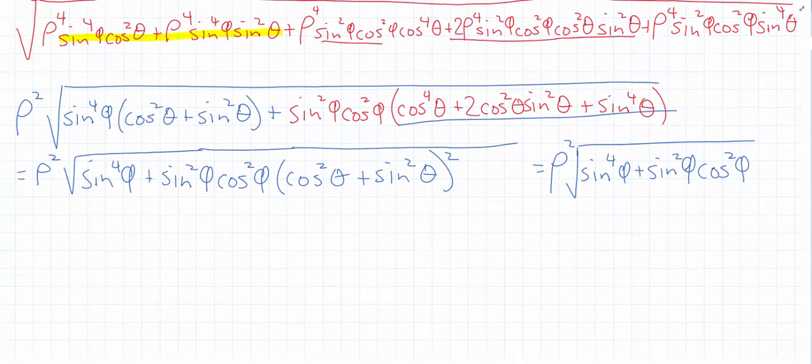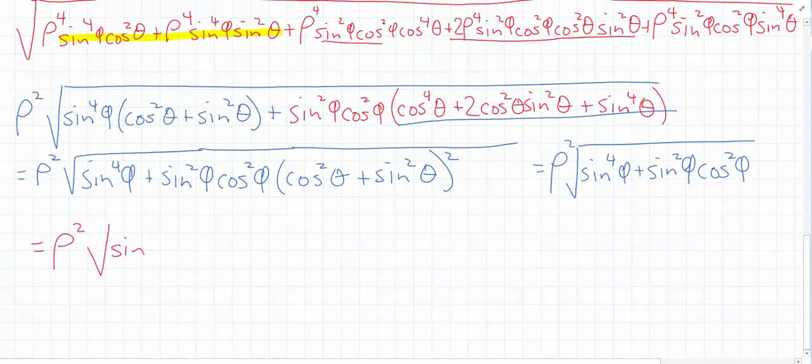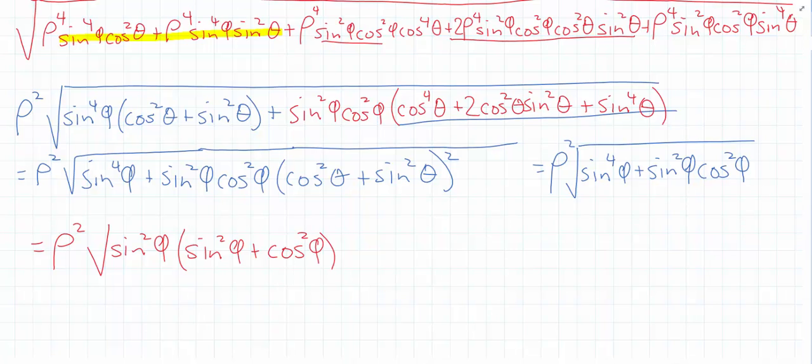Okay, now let's see what else we can do here. So now we've got this one. We've got rho squared, square root. Let me factor out a sine squared phi. And then we've got sine squared phi plus cosine squared phi. Okay, so I factor the sine squared out of here and here, and there's what I have.